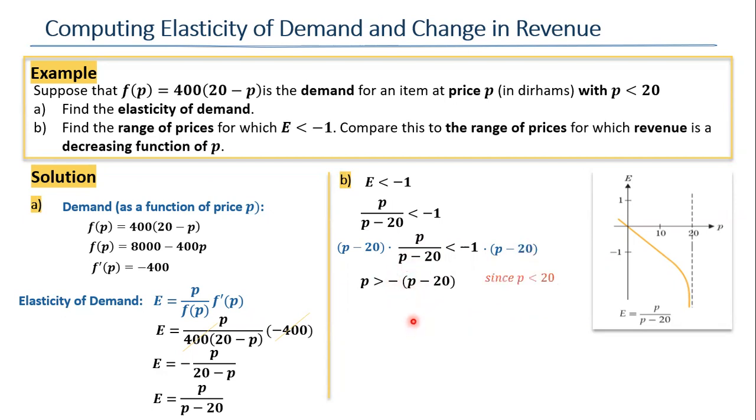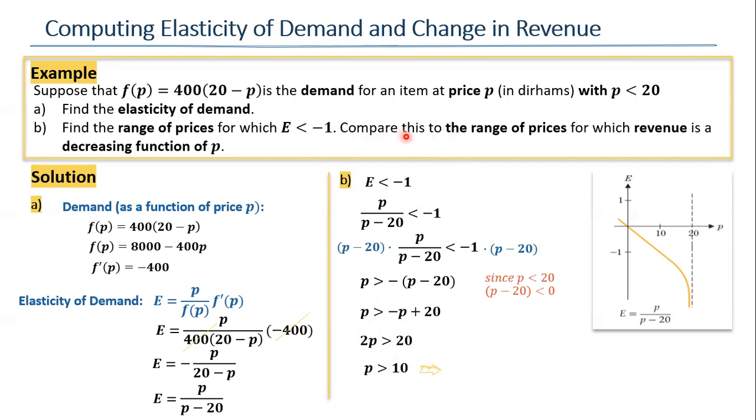When we expand the brackets, negative times p is negative p, negative times negative 20 is positive 20. We must add positive p to both sides. We'll get 2p greater than 20. Divide by 2, we'll get p greater than 10.